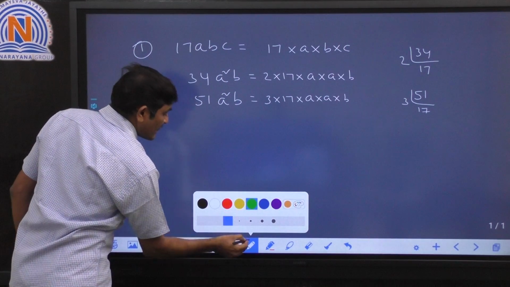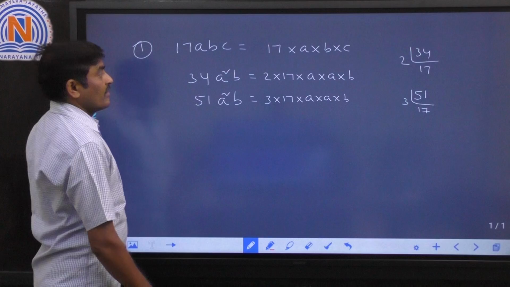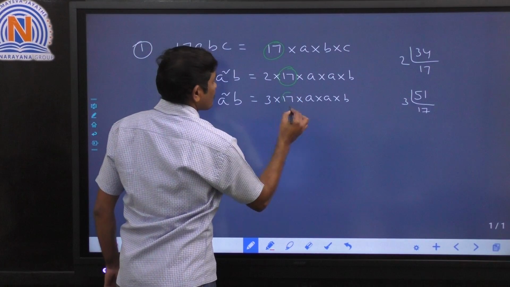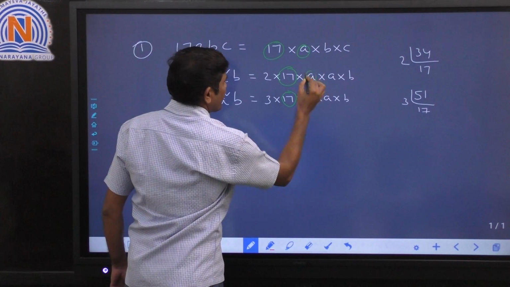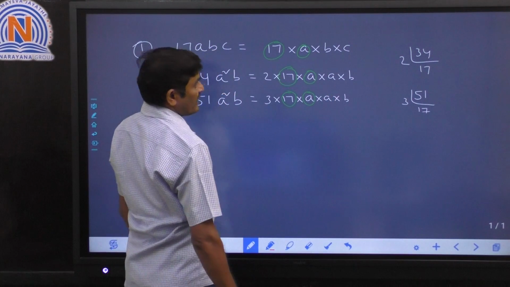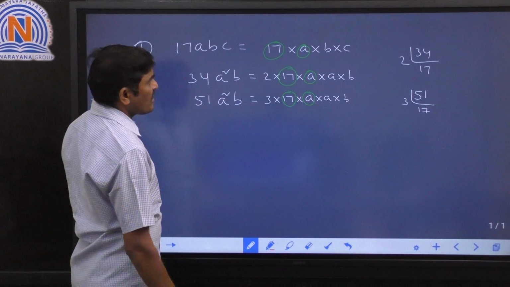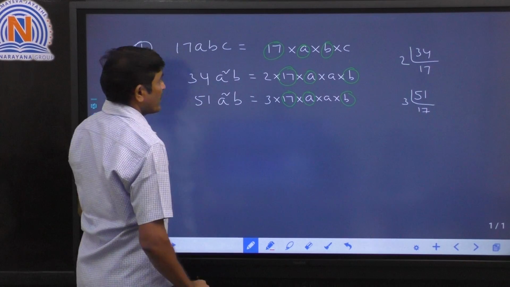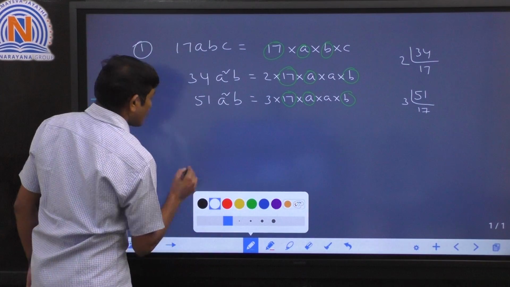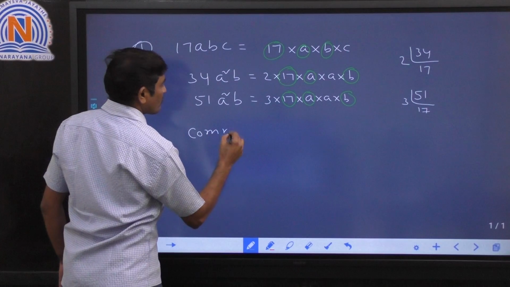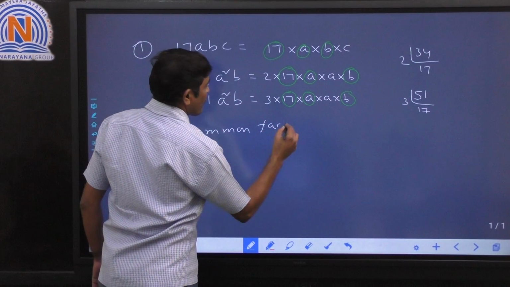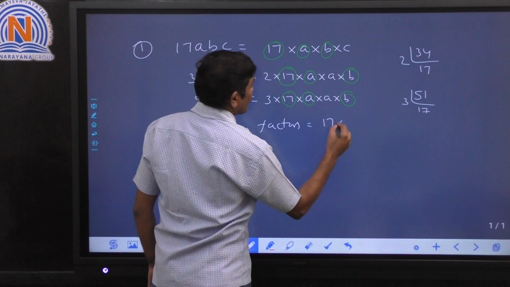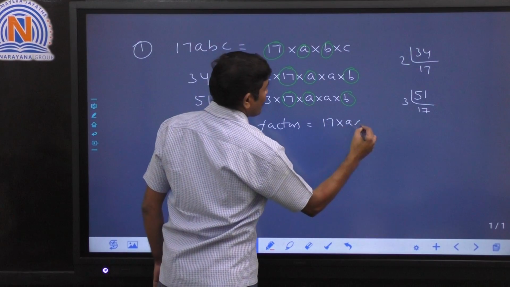Now see the common factors, let us underline. 17 is the common factor, a is the common factor, and b is also a common factor. Therefore the common factors equal 17 into a one time, b one time.